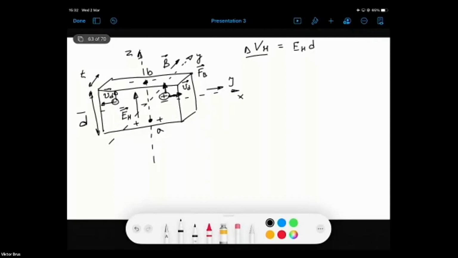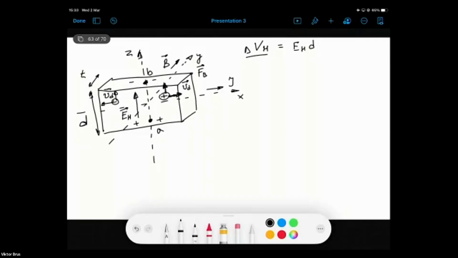So that is the physics behind the Hall effect and formation of this potential difference between points A and B, and formation of the internal electric field E_H, which is oriented perpendicularly to both electric current and external magnetic field.